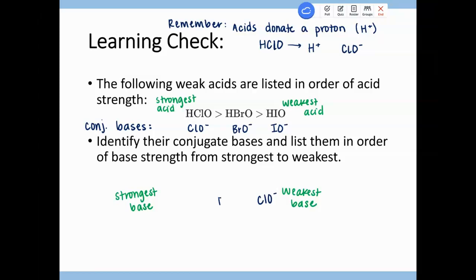We have HBrO in the middle, so BrO- will be kind of between as far as base strength, and then IO- will be the strongest base. So we're flipping the order. Weaker acid, stronger base. Stronger acid, weaker base. Questions on this one?